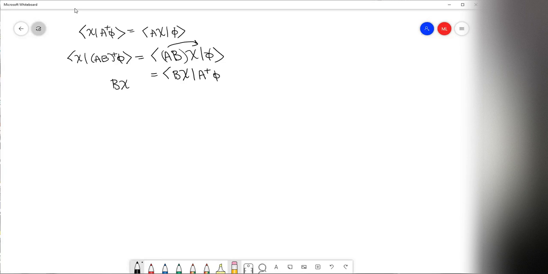That's still by definition. And now we can think again, wait a second, this is just some vector, whatever it is, A dagger acting on phi. And this is a B, which we can pull over if we want at the price of introducing a dagger, right? So look at that. What have we shown? We've shown that A B dagger for any operators is the same as B dagger A dagger, right?